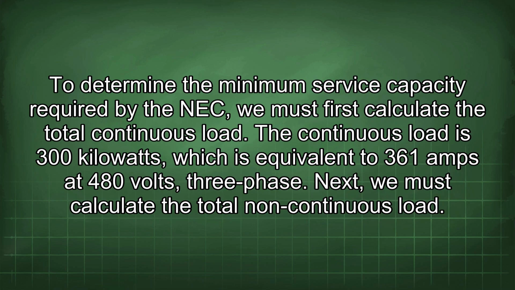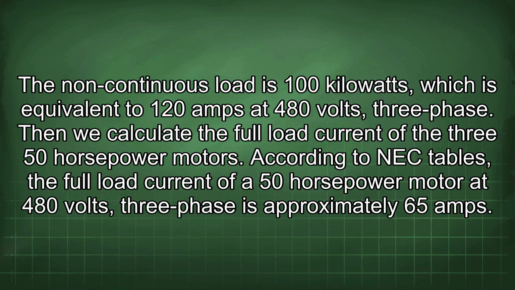To determine the minimum service capacity required by the NEC, we must first calculate the total continuous load. The continuous load is 300 kilowatts, which is equivalent to 361 amps at 480 volts, three-phase. Next, we must calculate the total non-continuous load. The non-continuous load is 100 kilowatts, which is equivalent to 120 amps at 480 volts, three-phase.